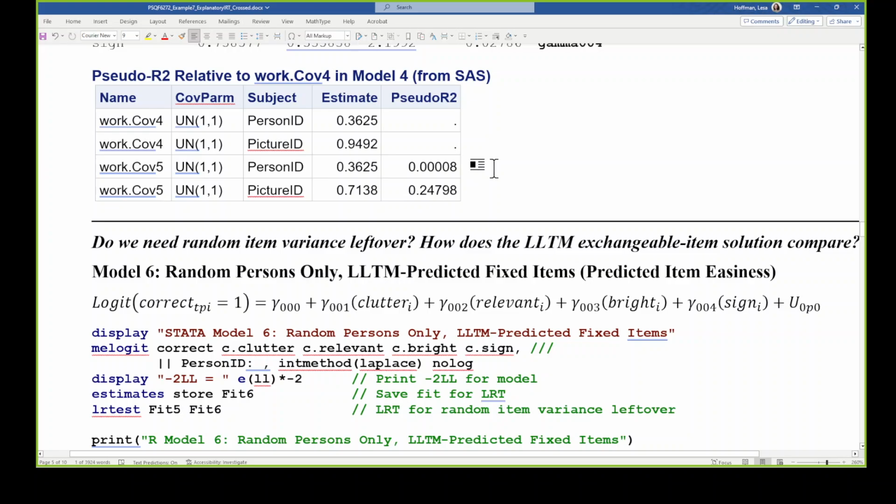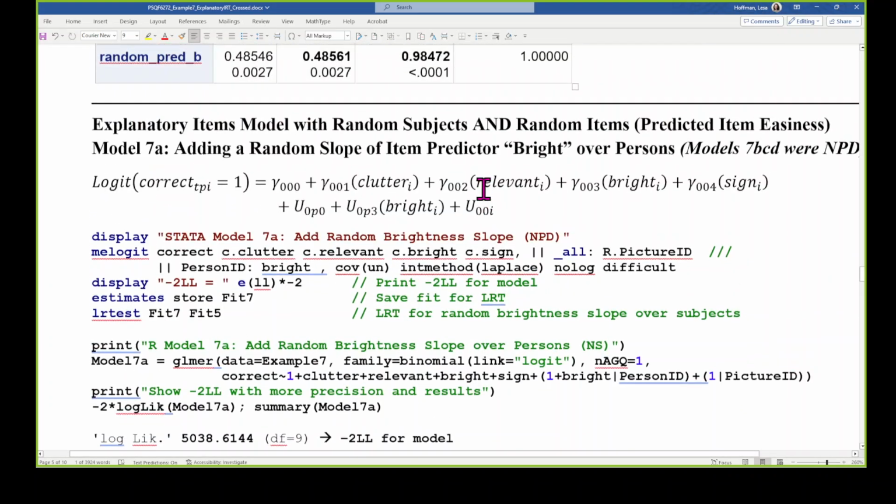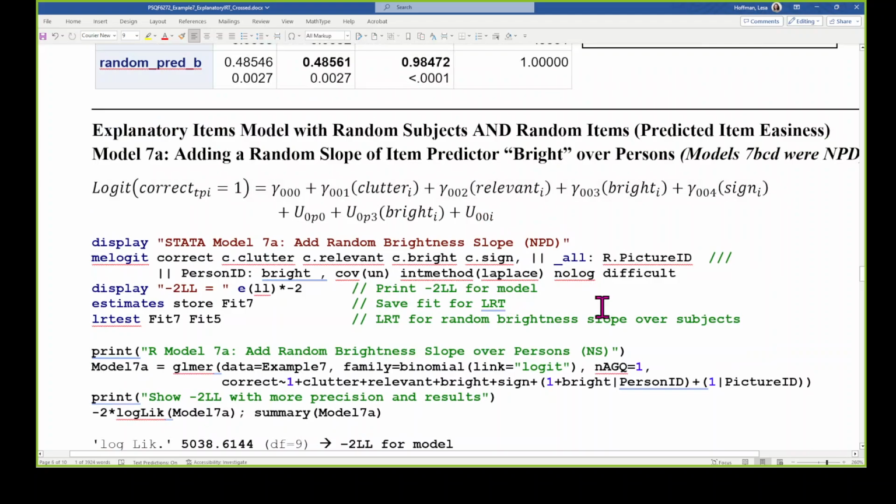What about random slopes? Could I do that? I just did. But over what is the question.